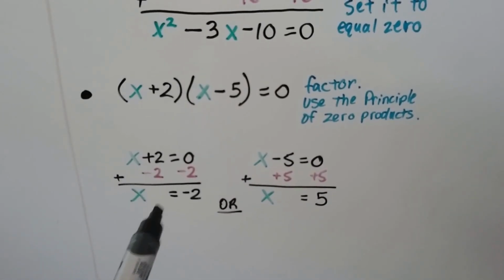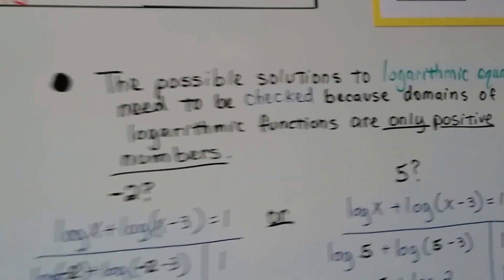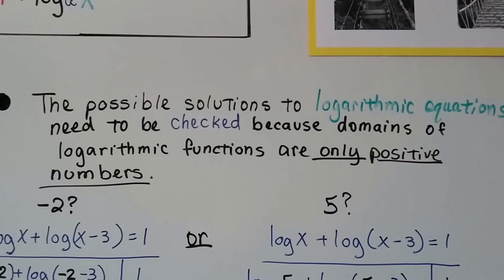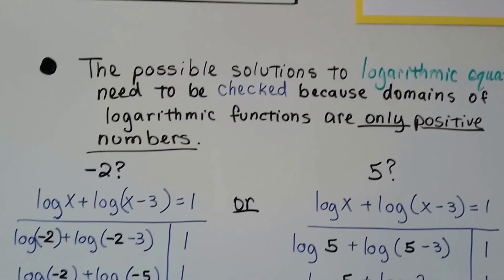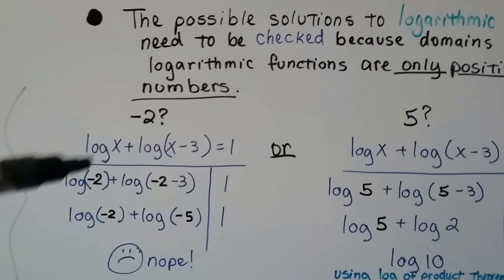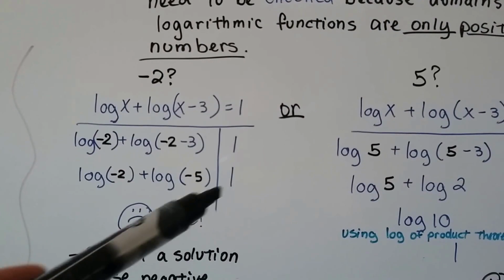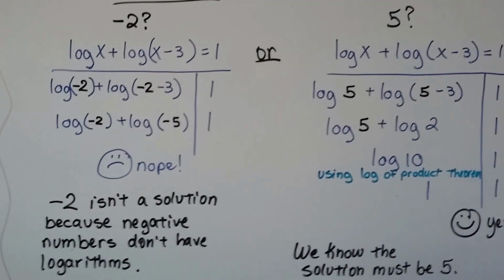Now, keep your eye on this one. The possible solutions to logarithmic equations need to be checked because domains of logarithmic functions are only positive numbers. If we put this -2 in, we see that it doesn't work. -2 isn't a solution because negative numbers don't have logarithms.